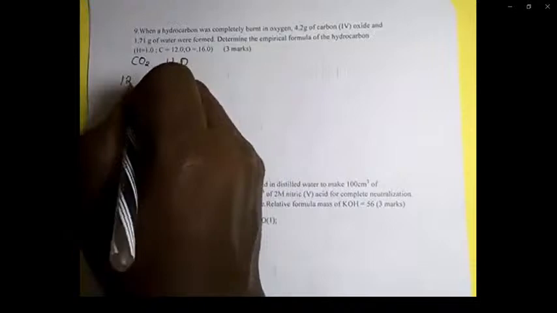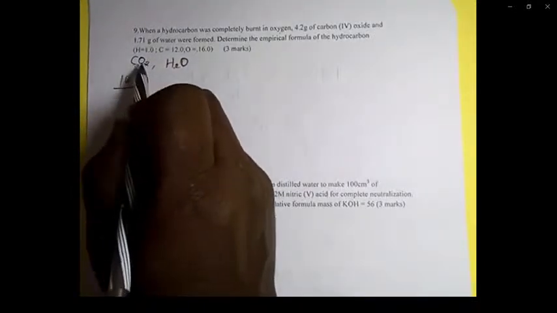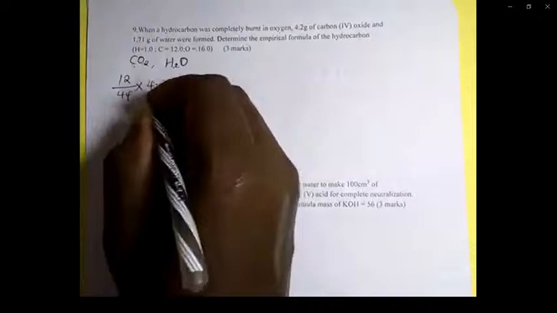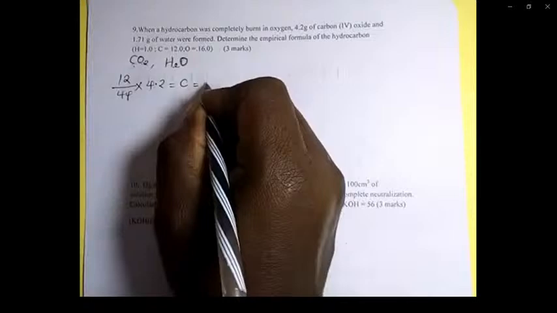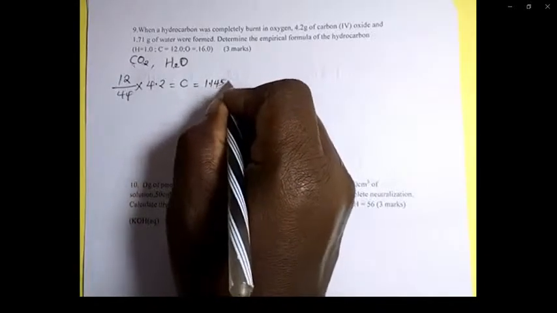So carbon is 12 over the total, that is 12 plus 32, that is 44, times the total mass, which is 4.2. This gives us the mass of carbon, which is 1.145 grams.